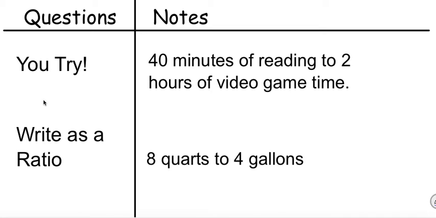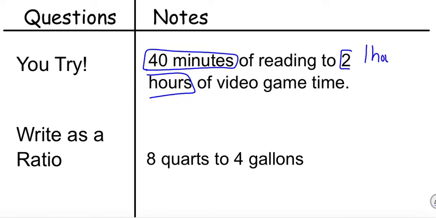All right, hopefully you noticed that in this first one, they were comparing 40 minutes to 2 hours. I know that I can convert that 1 hour equals 60 minutes. And since I have 2 hours, I need to take that 60 minutes times 2, and that's going to equal 120 minutes.